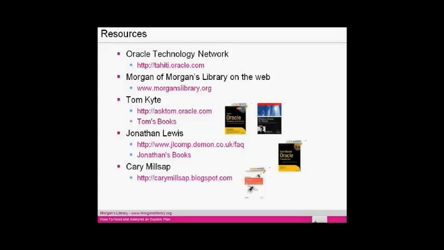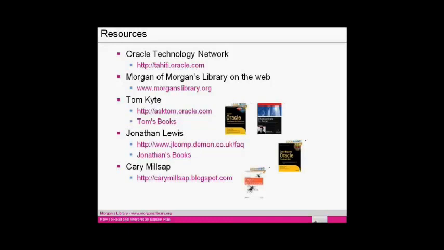All of the demos that I've done here today are in Morgan's Library, which is out on the web and you're free to access. Certainly, Tom Kyte has produced a staggering amount of extremely valuable and accurate information at his website, and I can, without reservation, recommend every single one of Tom's books. They're all on my bookshelf and are all valuable resources for me.